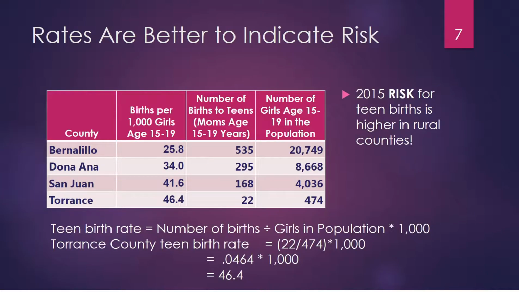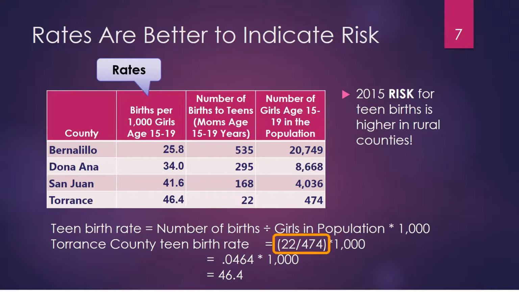To evaluate the risk of teen birth, we need to look at the rate of teen births in each of the counties. In this case, the rate reflects the number of teen births per 1,000 teenage girls in the county. A rate is just the number or count divided by the number of persons in the population.